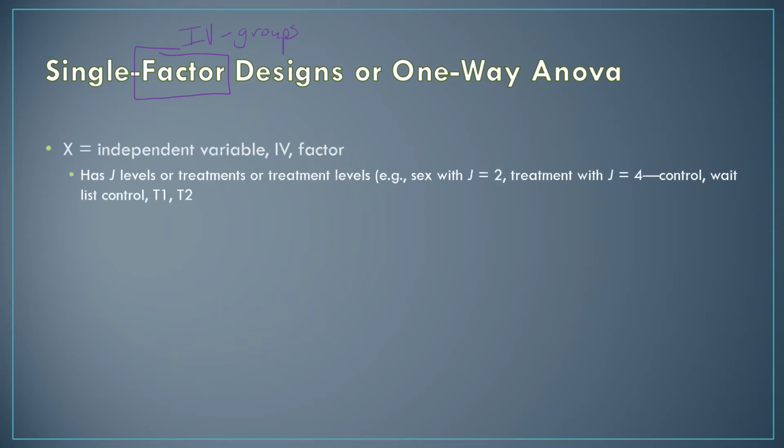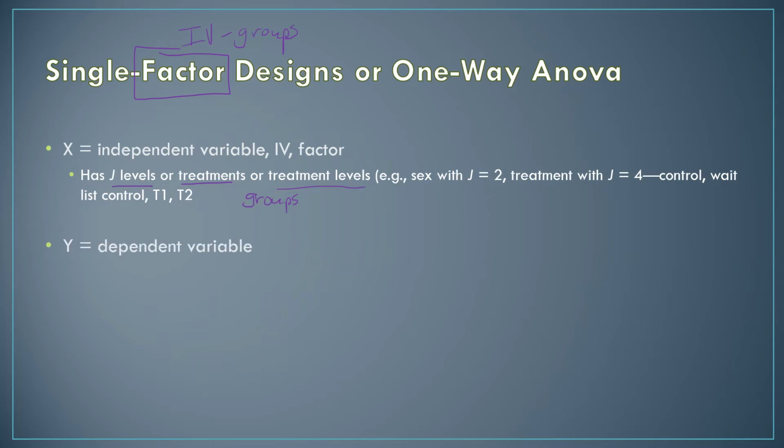This one independent variable is establishing your J levels, treatments, treatment levels. All of these are just different terms to discuss your groups that are being established and are being compared.